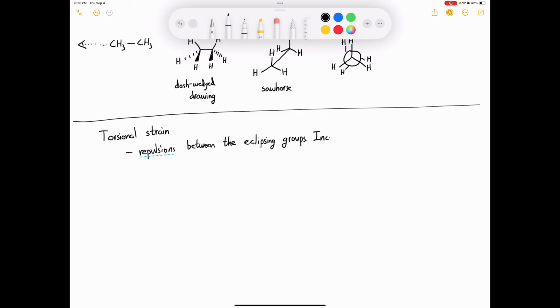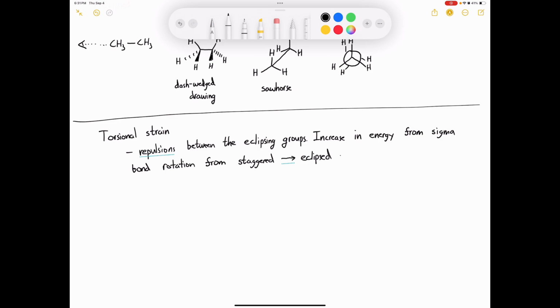The change in energy going from staggered to eclipsed is an increase, an increase in energy from the rotation of the sigma bond as we go from staggered to the eclipsed form, as in a solar eclipse.